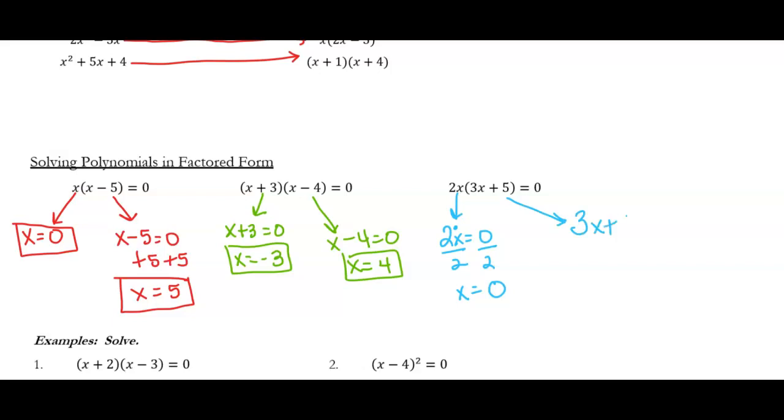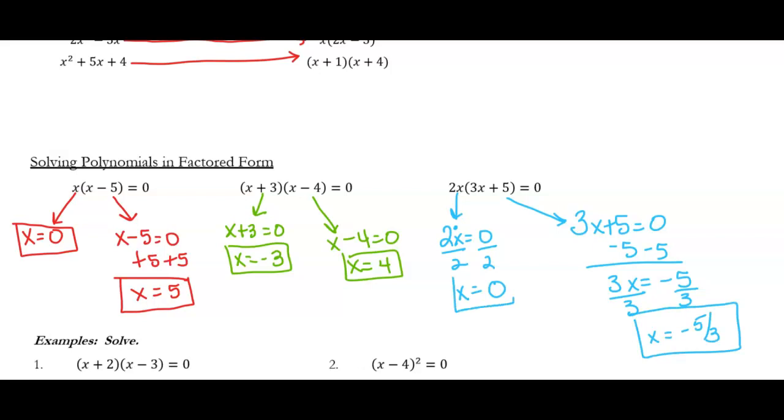We set it to 3x plus 5 equals 0. We have to get rid of the plus 5 first. So to get rid of a plus 5, we minus 5. So 3x is negative 5. And then we divide both sides by 3. So x is negative 5 over 3. And so those are the two answers that would give me 0.